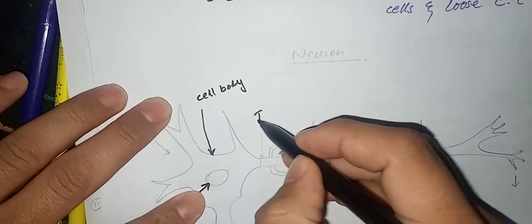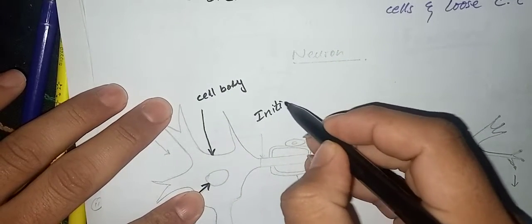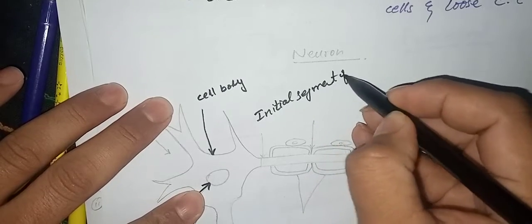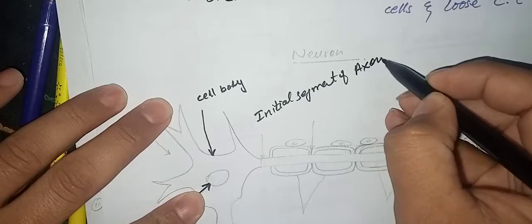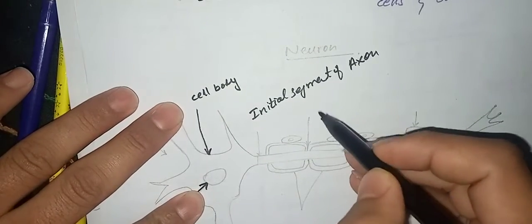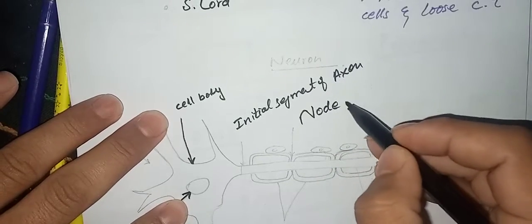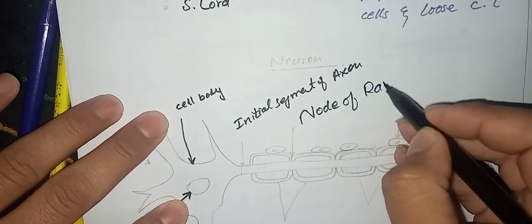This is the initial segment of the axon, and this is the node of Ranvier.